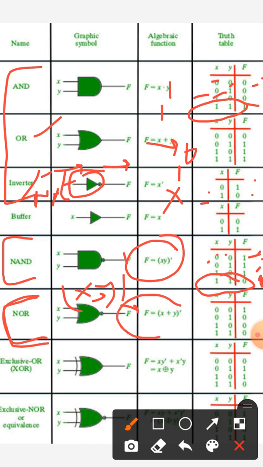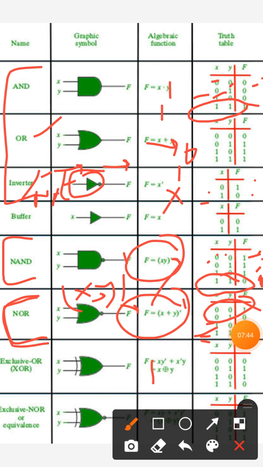Here we can see the equation f equals x plus y, which is read as x or y, and after that we apply a NOT. So only one condition gives 1, and all the others are 0. The conclusion is that in the NOR gate the output is 1 only when all inputs are 0 or low level.